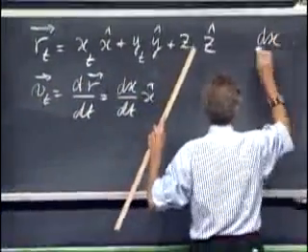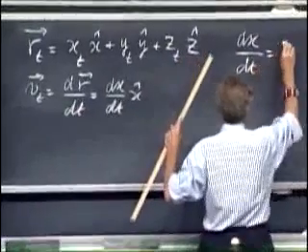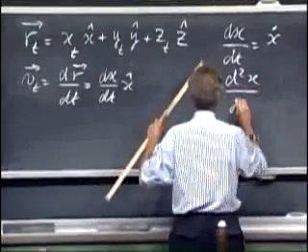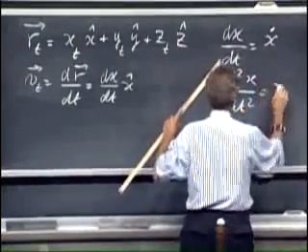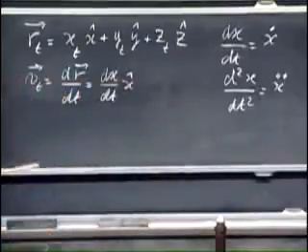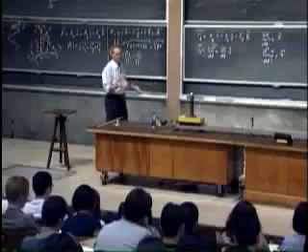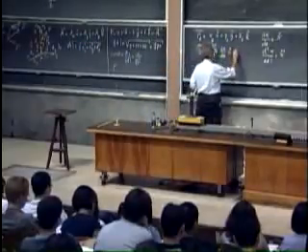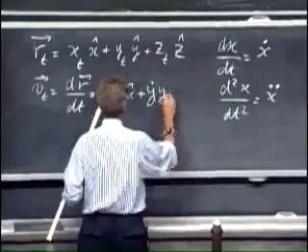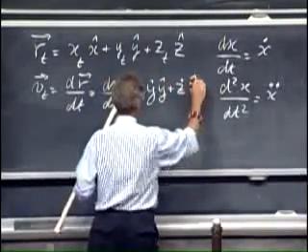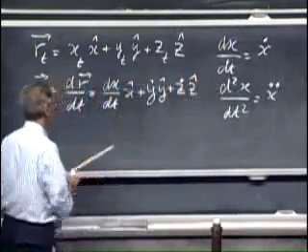I'm going to write x dot for dx/dt, because I'm lazy, and I'm going to write x double dot for d2x/dt squared. It's often done, but not in your book. But it's a notation that I will often use, because otherwise the equations look so clumsy. Plus y dot times y roof plus z dot times z roof. So z dot is dz/dt.